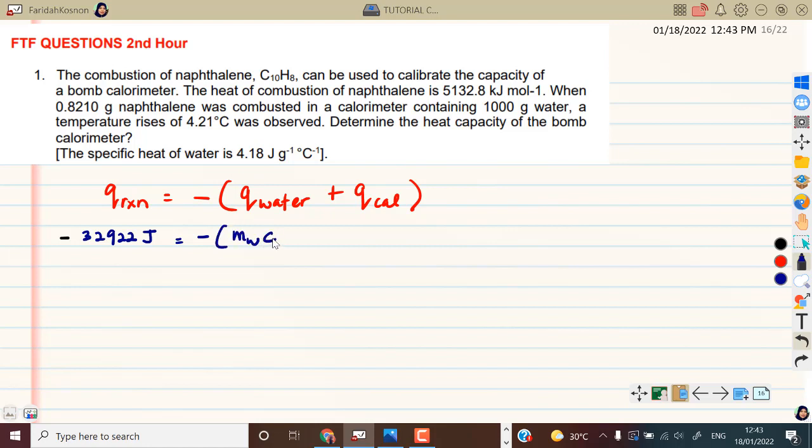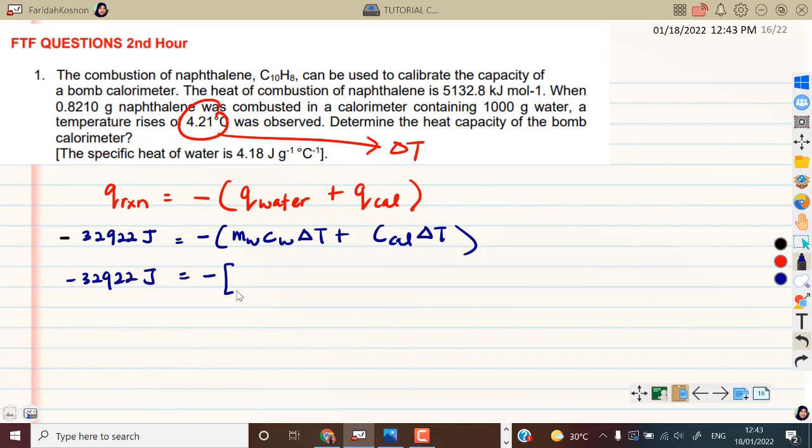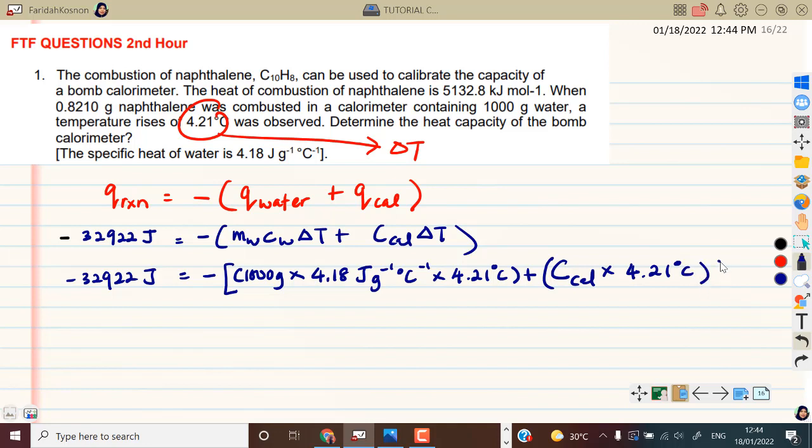This is mass of water, specific heat capacity of water, delta T, plus heat capacity of the calorimeter times delta T. Delta T is no problem because it is given in the question: 4.21. So we put in negative 32922 joule equals negative, here we have 1000 gram times 4.18 joule per gram per degree Celsius times 4.21 degrees Celsius plus heat capacity of the calorimeter, which is unknown, in brackets for now, times 4.21 degrees Celsius. Solve.